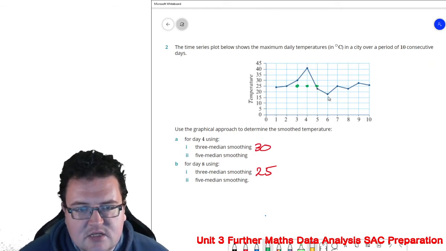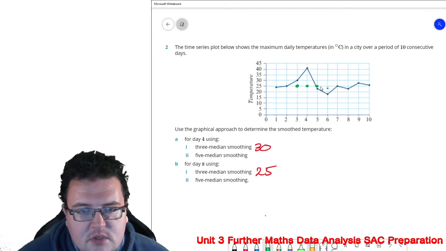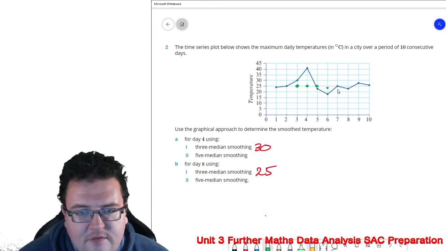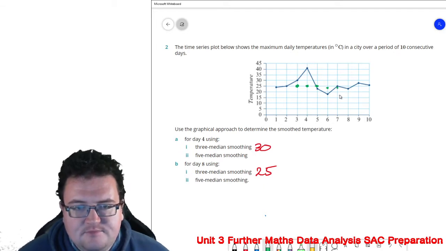Day 6. So that's day 4, 5, 6, 7, 8. Well, the 8 comes across because that's clearly in the middle. Day 7. That 8 comes across again to make that data point there.